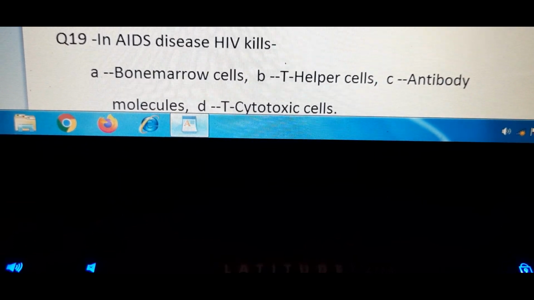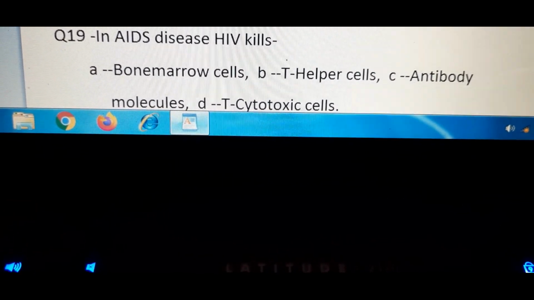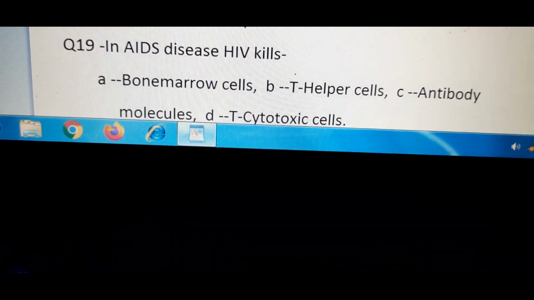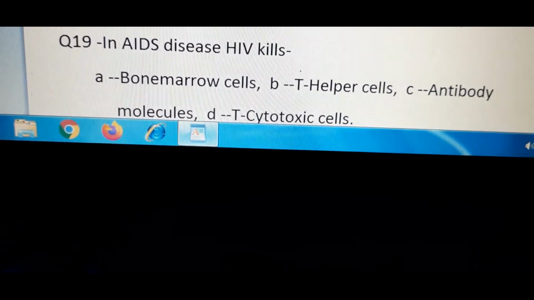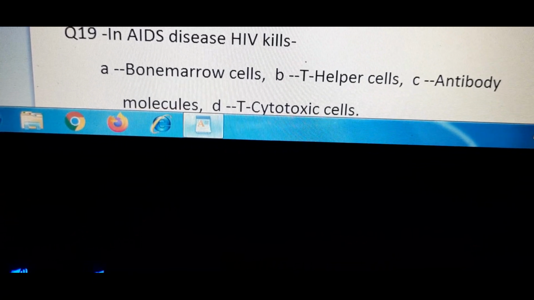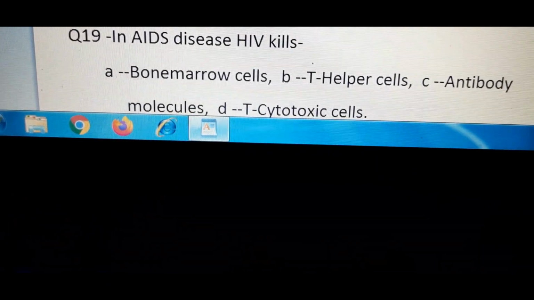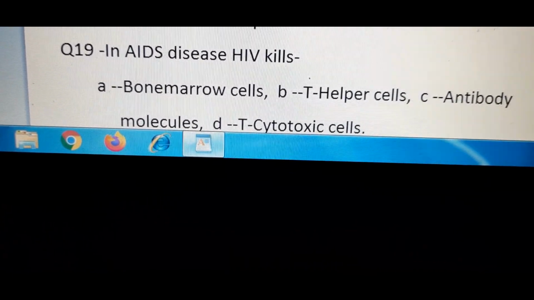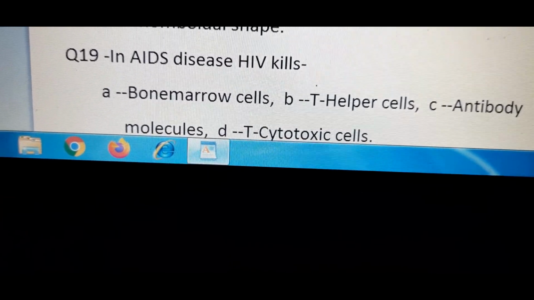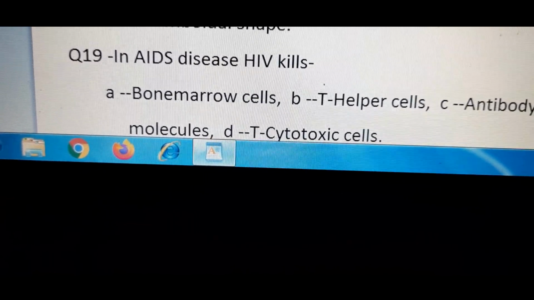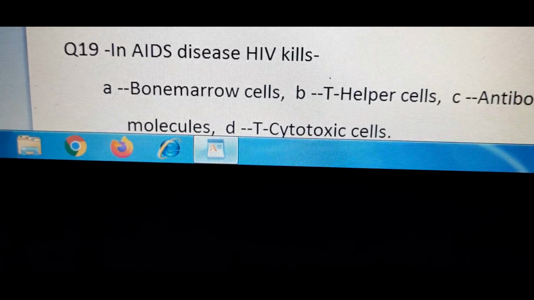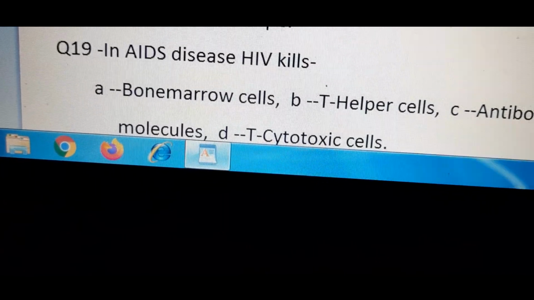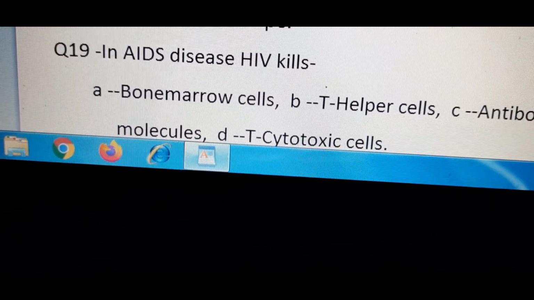So T helper cells are helping another type of lymphocytes, and because of their help only, that other lymphocyte becomes active and kills, but HIV is going to kill that. So this T helper cell helps to destroy the HIV virus actually.